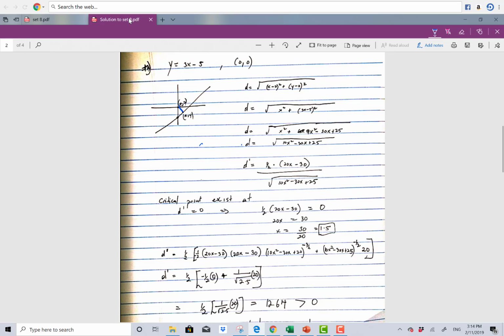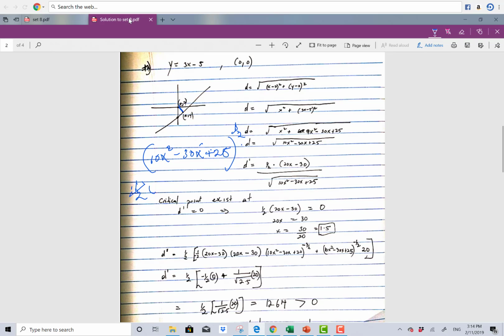That is the same thing as 10x squared minus 30x plus 25 to the power of a half. So to find the derivative, I put the half in front.